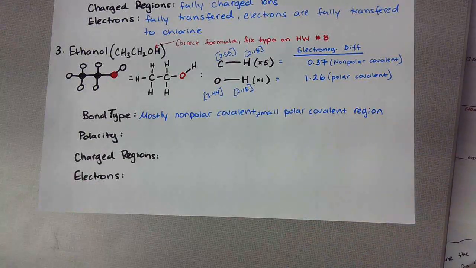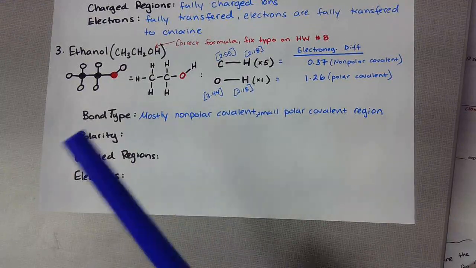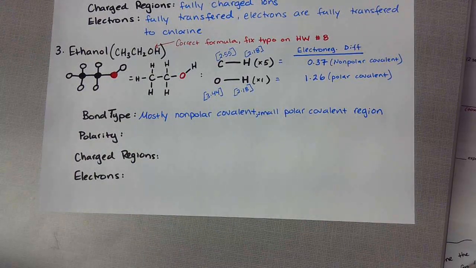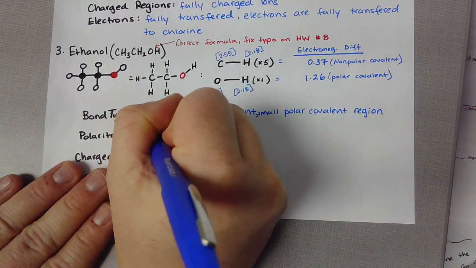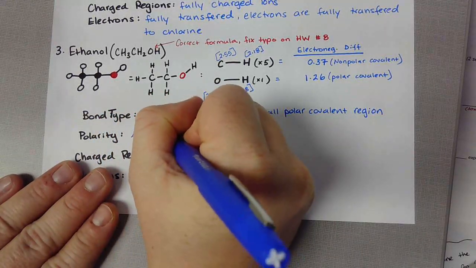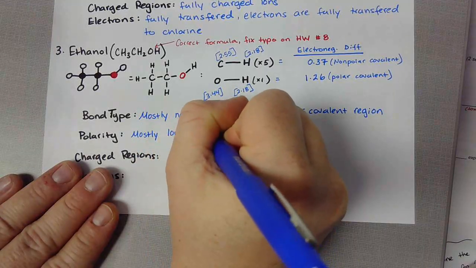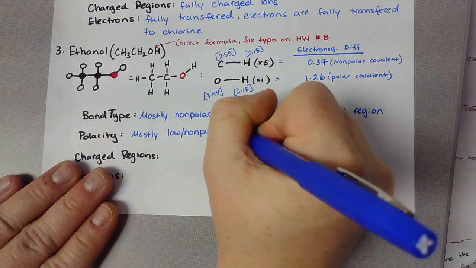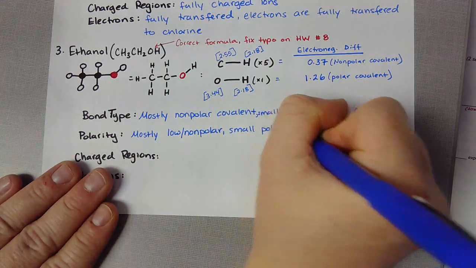And I'm going to do the same thing for the other categories. I'm going to talk mostly for this nonpolar side. So my polarity is going to be mostly low to nonpolar with a small polar region.